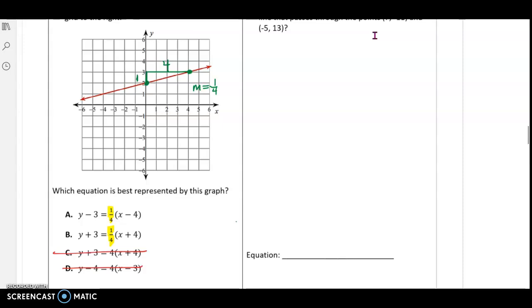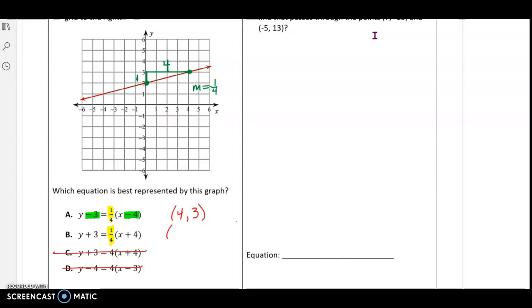Last bit, guys, is that when we look at the 2 answer choices that are left, remember, this is called point slope form. So we should be able to pull a point out of that equation. The x looks like it's a -4, but remember we use the opposite signs. So the opposite of -4 is +4. And then over here, the opposite of -3 is +3.